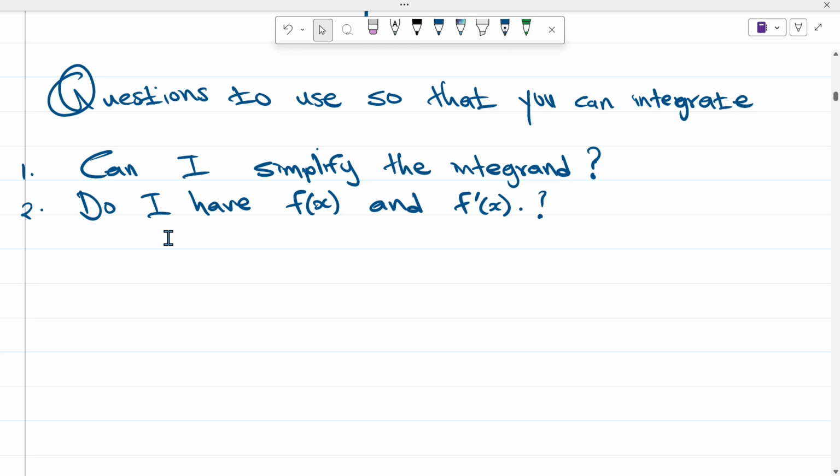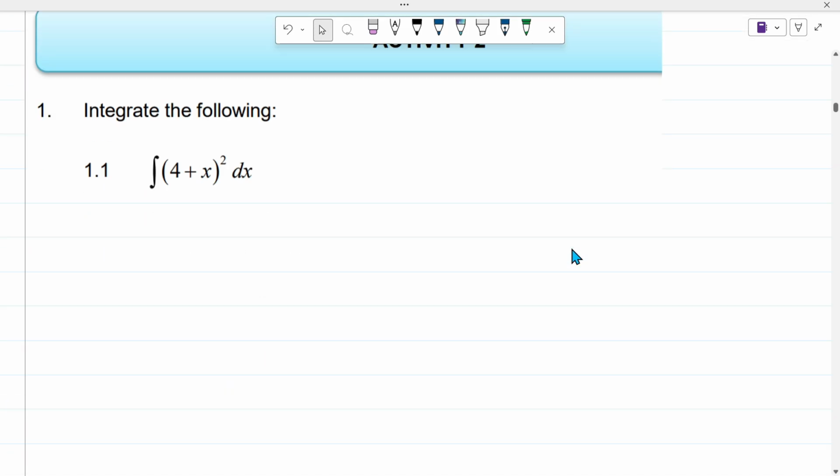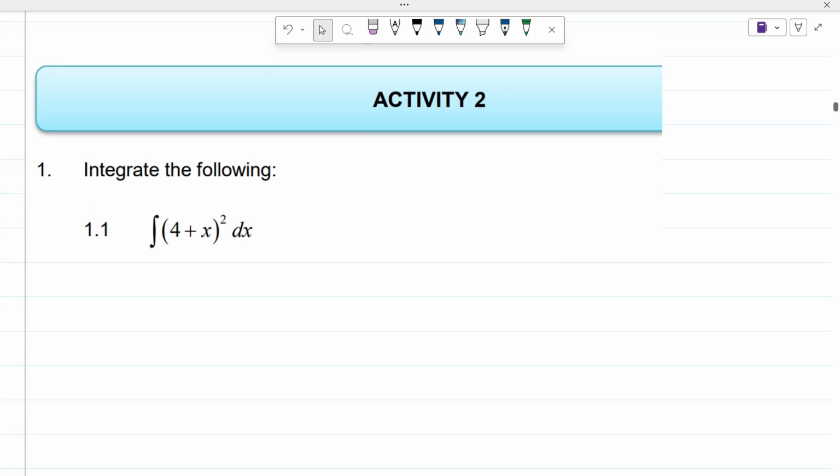Otherwise, if you don't have f of x and f prime of x, that means you have to let something be equal to u. Okay, yeah, those are the two questions that you need to always use when we are doing our questions. So let's start. Number one, we have the integral of 4 plus x squared dx. When we check this, can we simplify this?